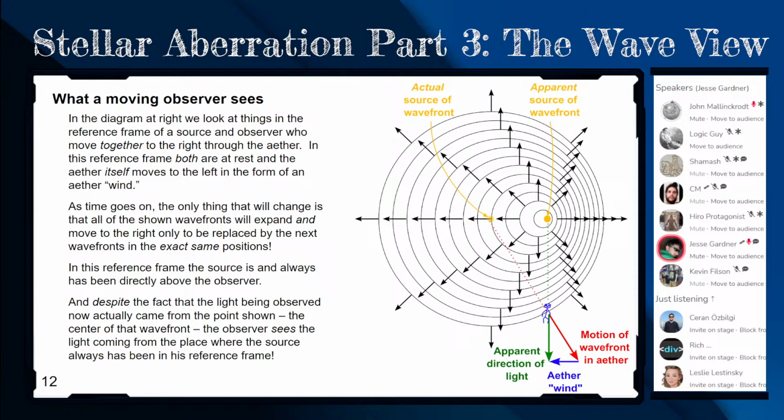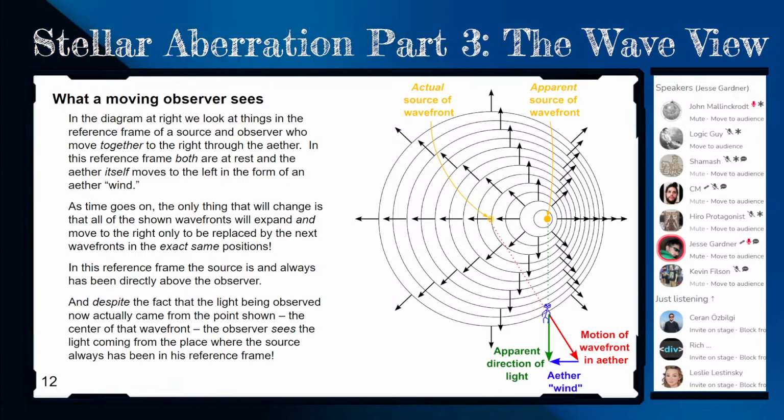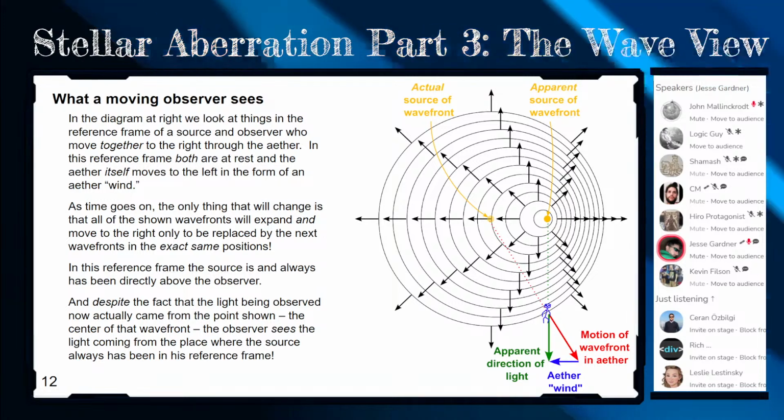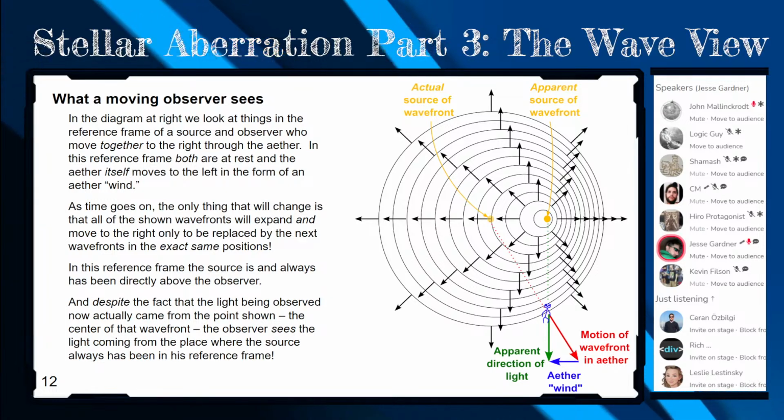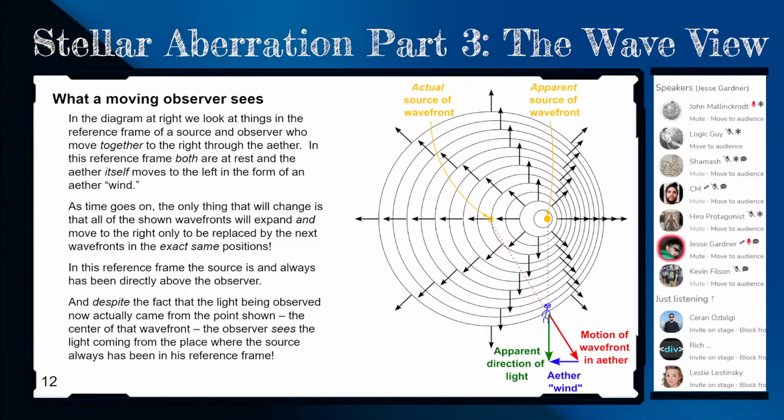Even though the actual source of that wavefront was over there to the left, as I've shown. That's where it came from in the ether, but that's not where he sees it coming from. He sees it coming apparently from the place where the source is now and always has been.